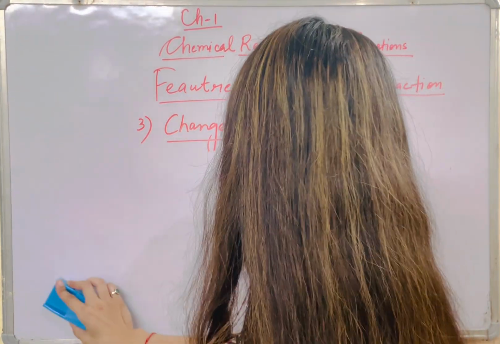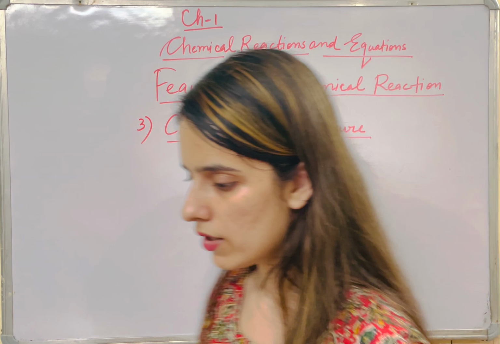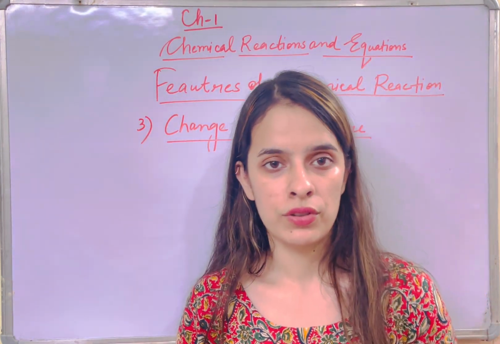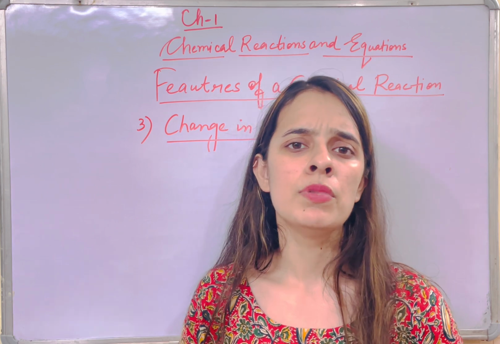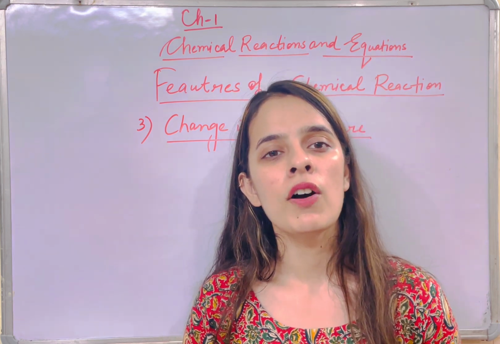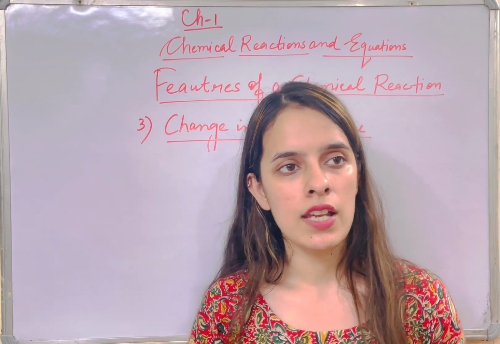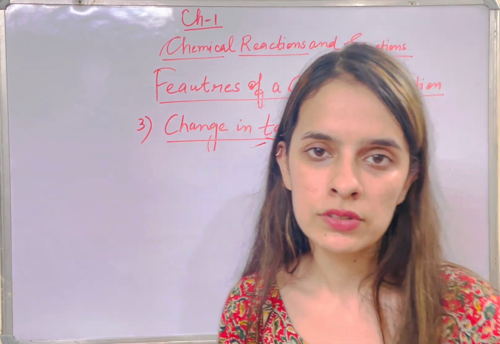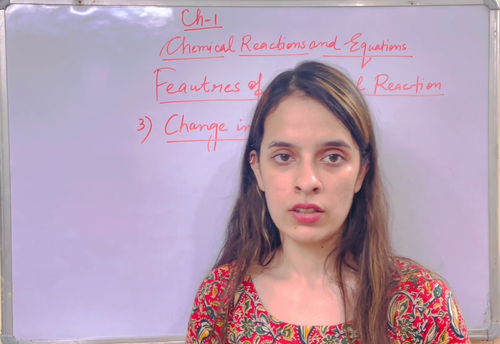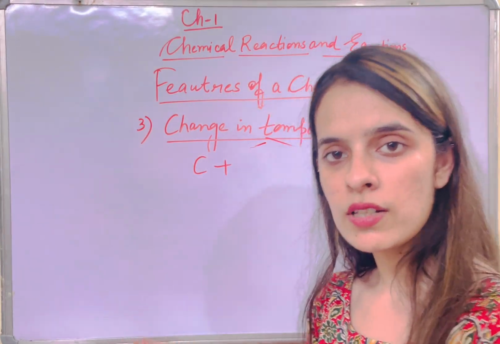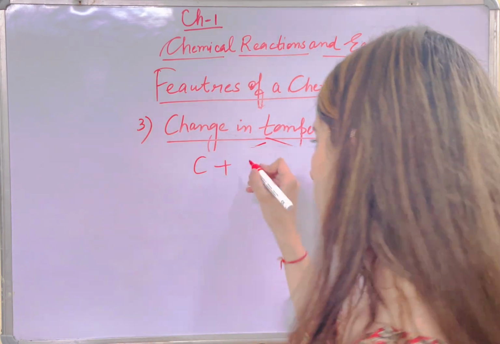I already told you that some reactions require, like if I say combustion means burning of something when there are supporters. Like burning of carbon, burning of methane. So burning of carbon, as we know that oxygen is a supporter of combustion.